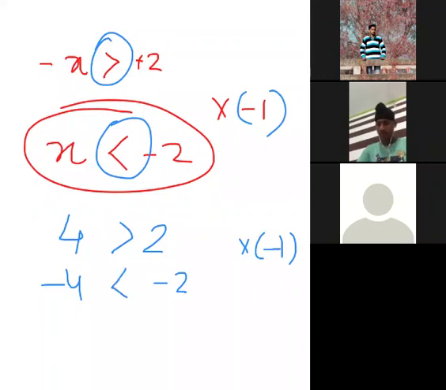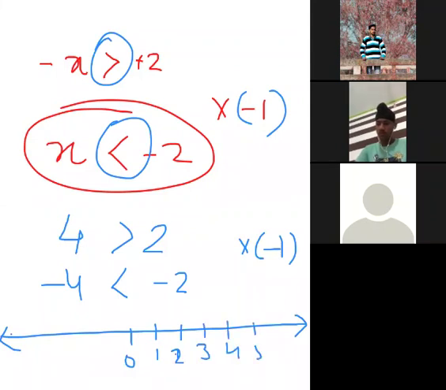Now, I don't know what it is showing. So on number line, let us see. It is 0, 1, 2, 3, 4, 5. -1, -2, -3, -4. Now, whatever number is on the left side of the number line is always smaller than the right hand side one number.